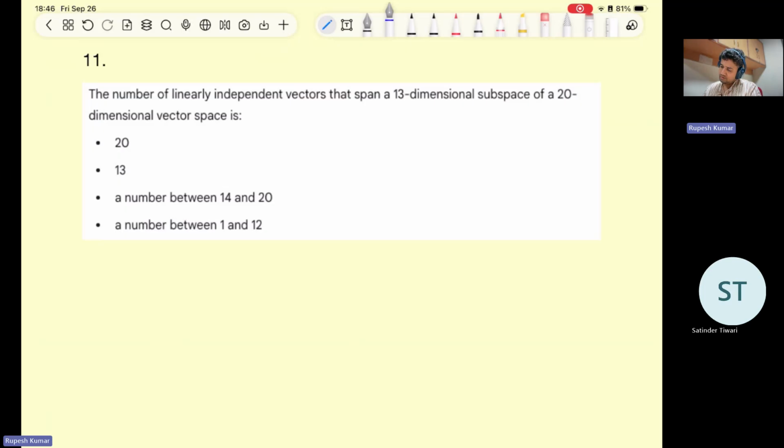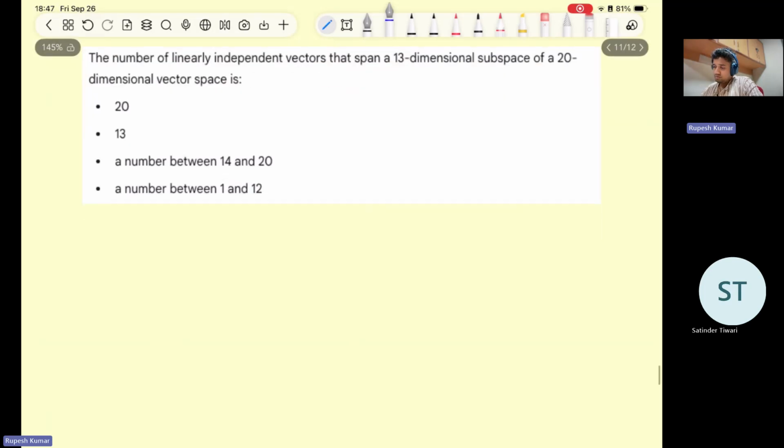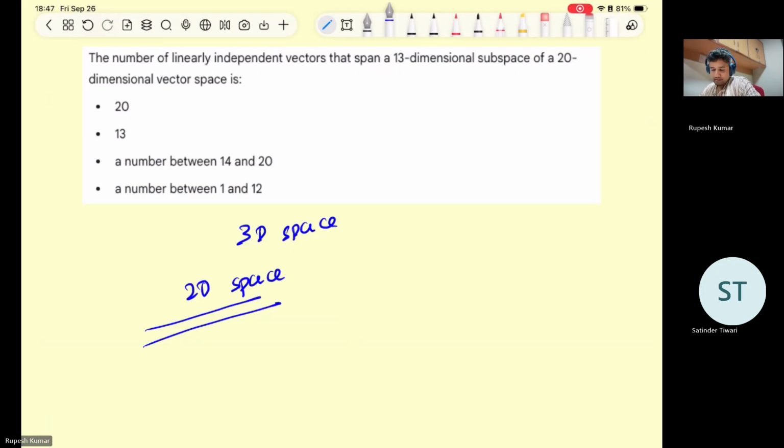The number of linearly independent vectors that span a 13-dimensional subspace of a 20-dimensional vector space is the question. Again, you can go back to the basics. Let's say you have a 3-dimensional space and you want to span 2D space. How many linearly independent vectors do you need?